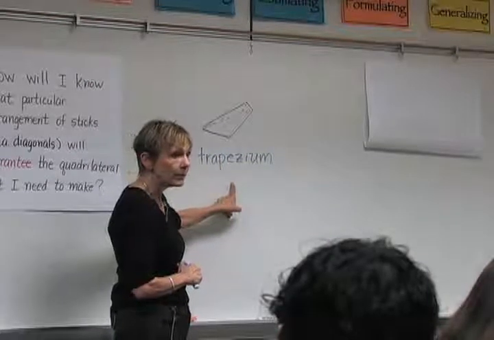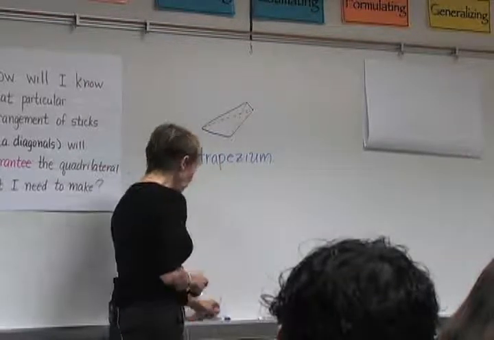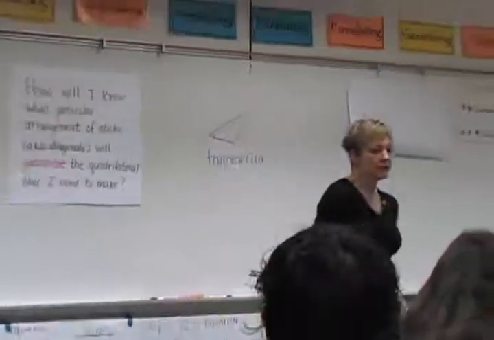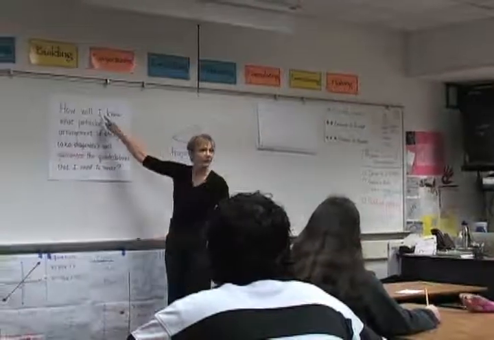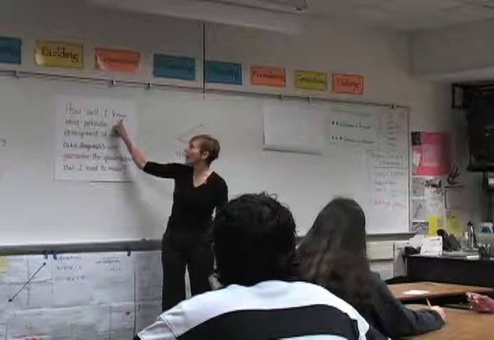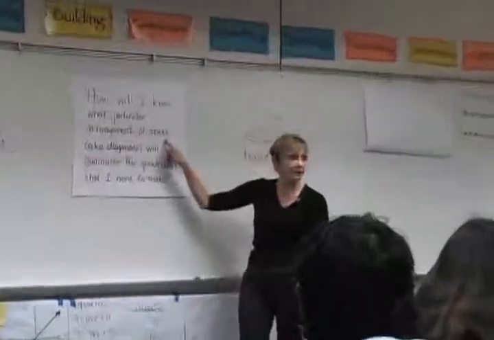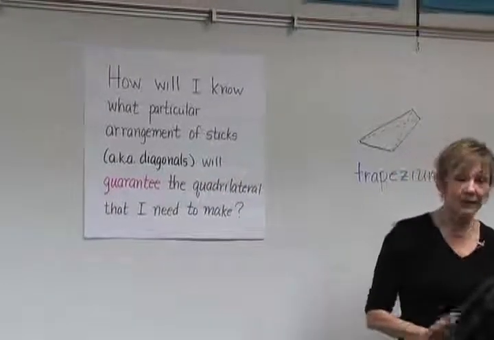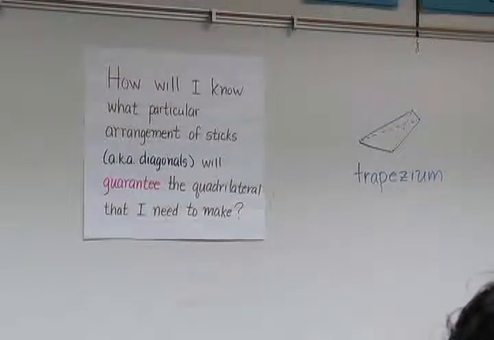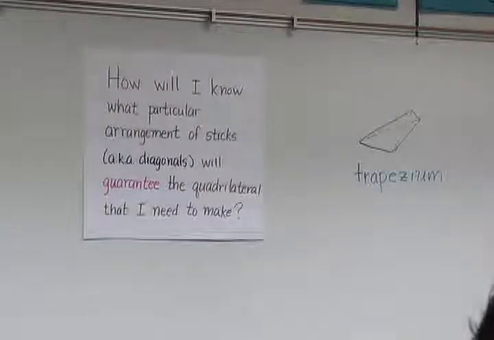All right? So your job is going to be to figure out, meaning the manufacturer, how will I know what particular arrangement of sticks, aka diagonals, will guarantee the quadrilateral that I need to make? So each table is going to have these.